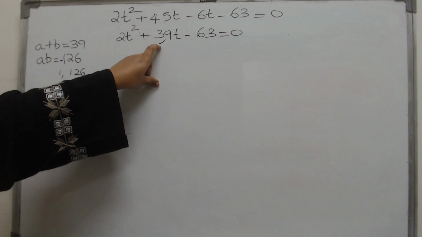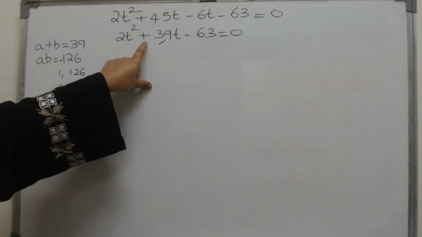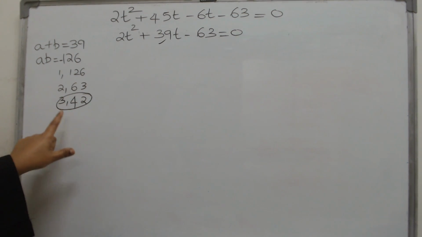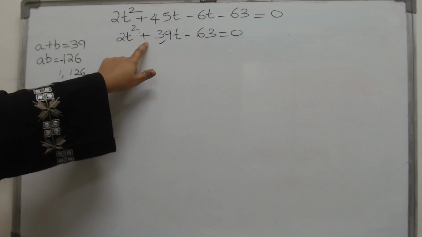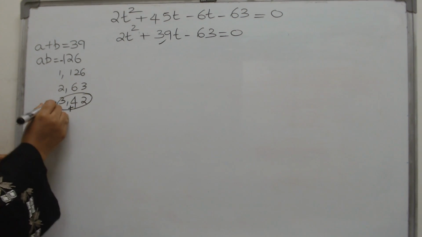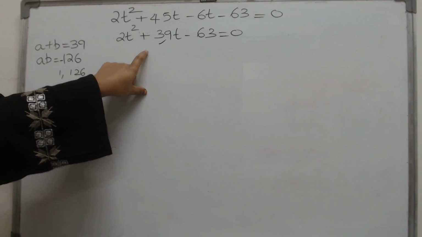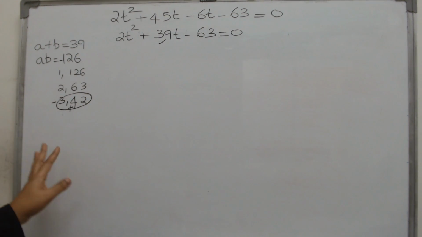Look at the number here, look at its sign. Its sign will be the sign of the greater number. So if this is plus 39, then what you have is plus 42 minus 3. On the other hand, if you have a minus here, the signs are interchanged.